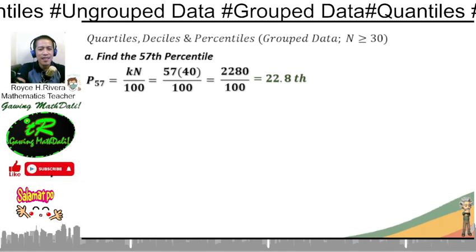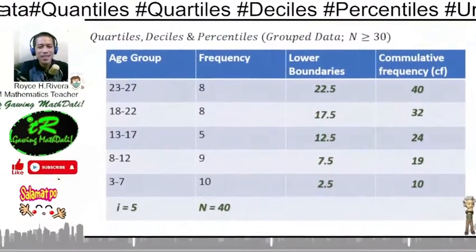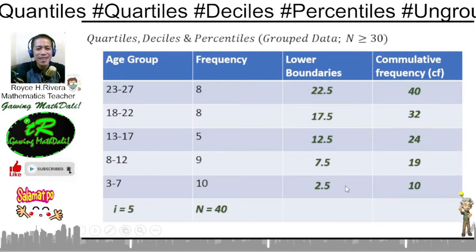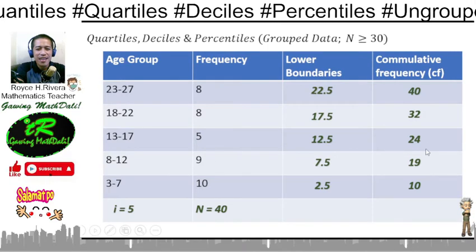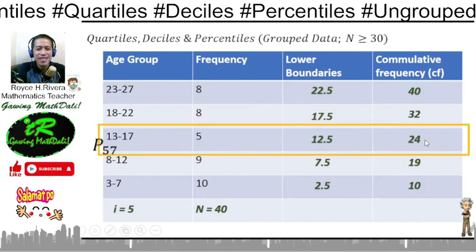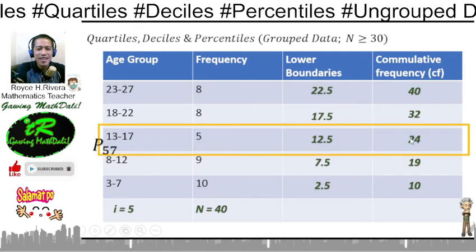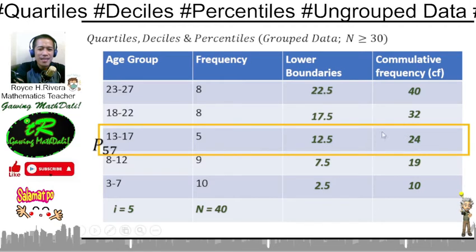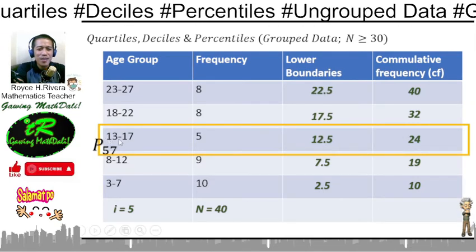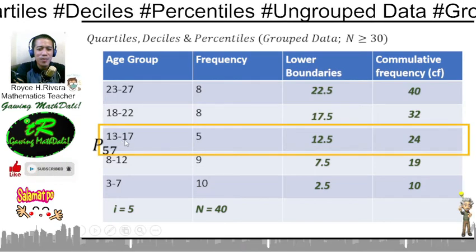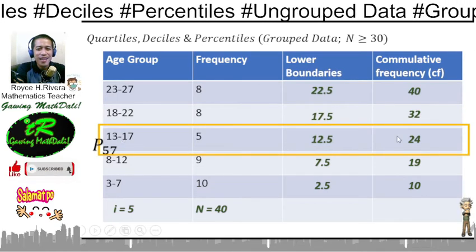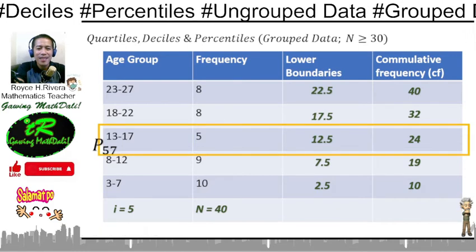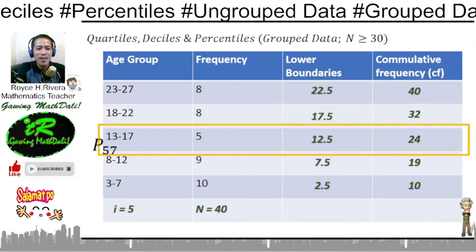Tingnan natin ang table. From the cumulative frequency column, we will look for the 22.8 data. And here it is. The age group or class with cumulative frequency 24. That is the age group or class 13 to 17. After identifying the location of the 22.8 data, we get the values of the following.